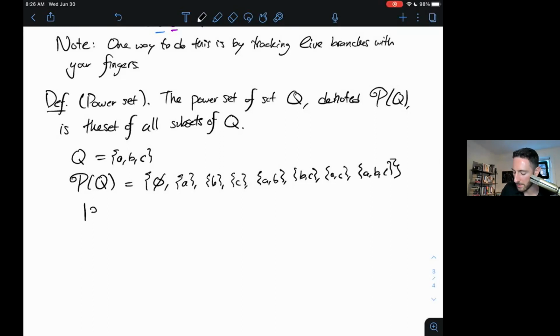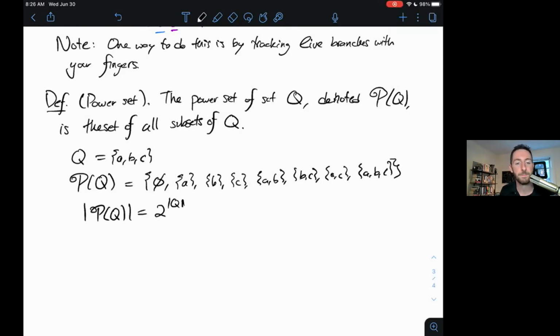So the size of the power set is always going to be 2 to the power |Q|. And that's just because if you want to count up all possible subsets, one way you can do that is by realizing you've essentially got |Q| binary choices, whether or not to include each element of Q in the subset you're making.